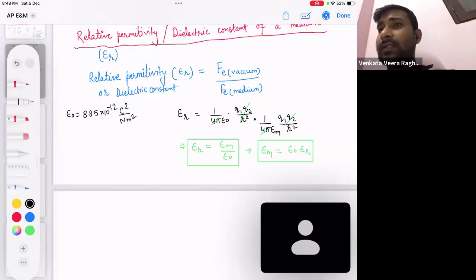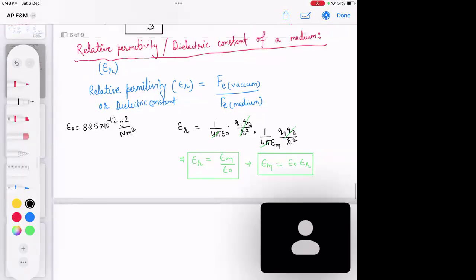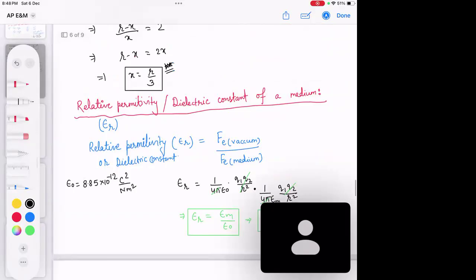Right, isn't it? Check it, the unit of epsilon naught is Coulomb square by Newton meter square. Yes, sir. You see, epsilon naught is always fixed.